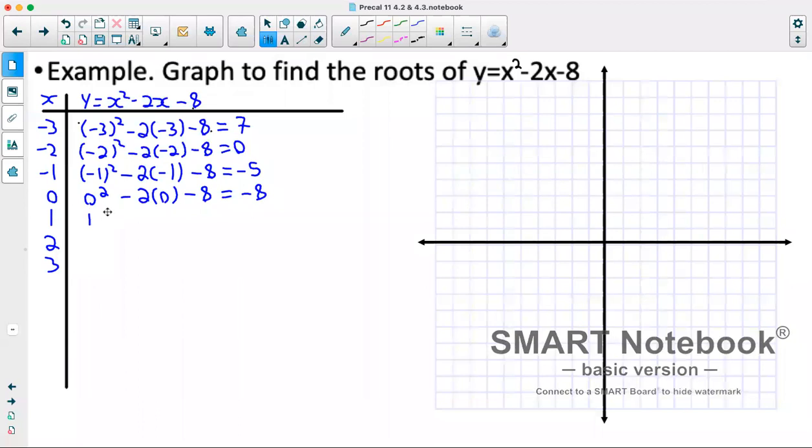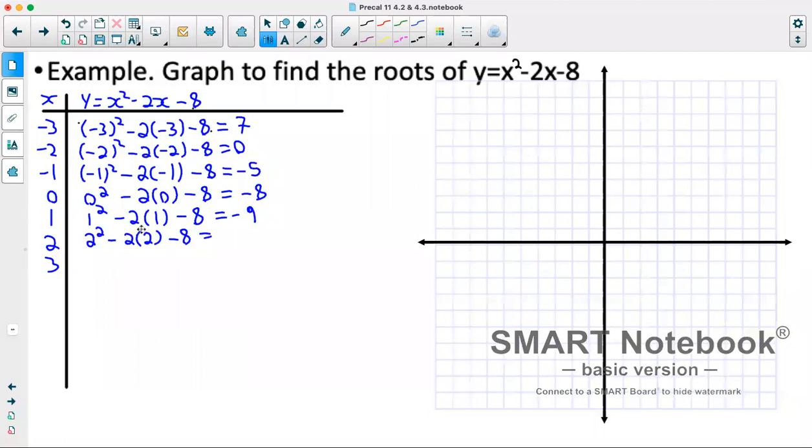Then we'll put in our 1. So 1 squared minus 2 times 1 minus 8. So we'd have 1 minus 2 is -1, minus 8 is -9. Next, we have 2 squared minus 2 times 2 minus 8. 2 squared is 4.